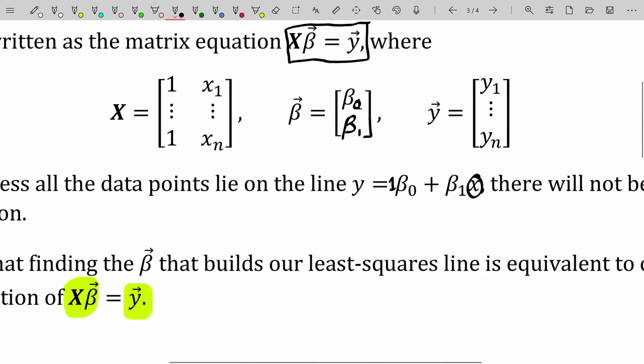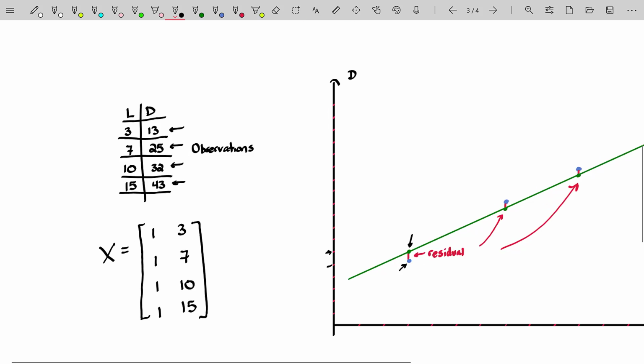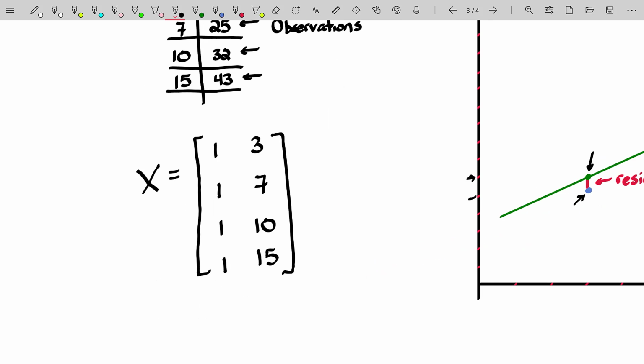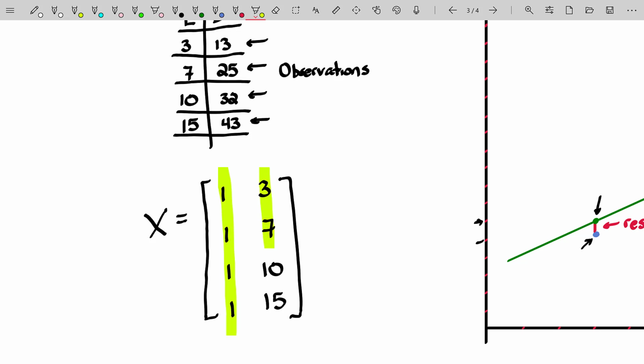And our x values in our data are 3, 7, 10, and 15. So the first column is the coefficient on beta sub 0 in our linear equation, which is always going to be 1. And the second column is the coefficient of beta sub 1, which is x, the x value, and those are 3, 7, 10, and 15 in this very fictitious case.